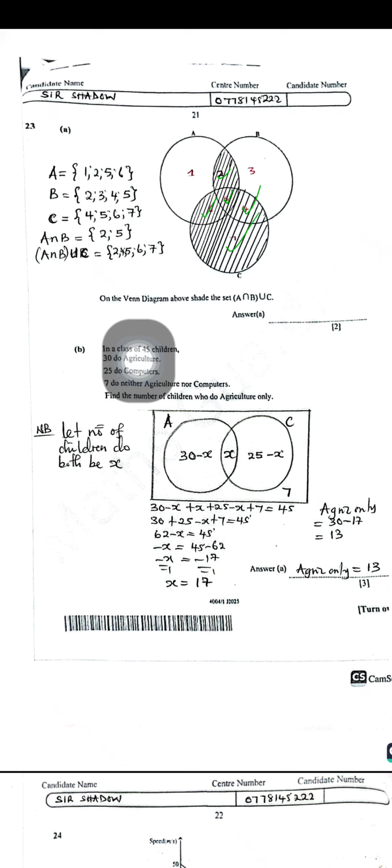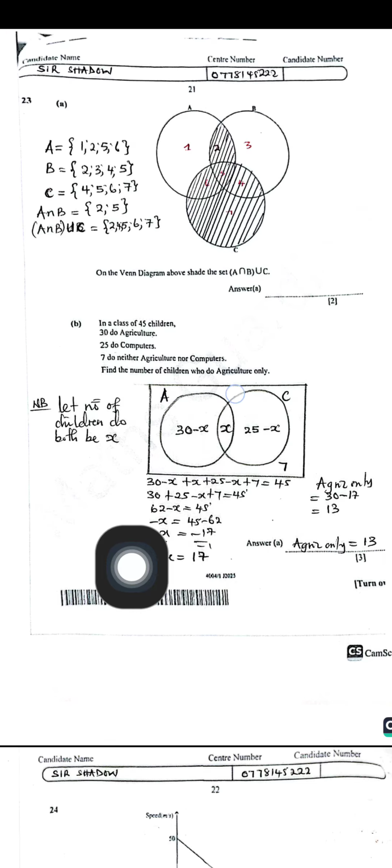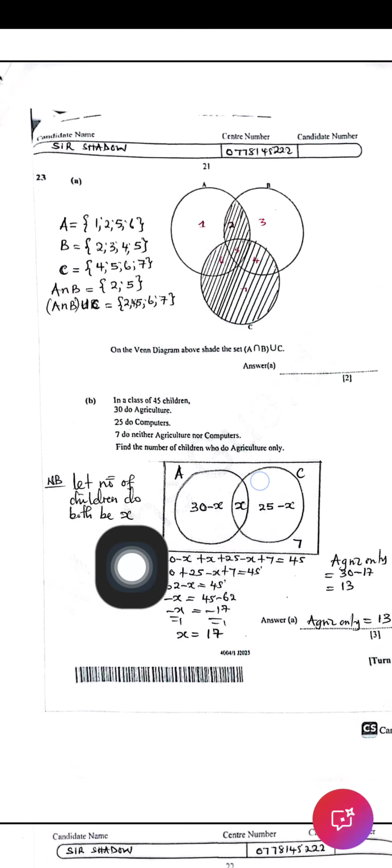So I shade combining everything where there are all these marked numbers. You just shade that boundary. This is the best way on how to shade the Venn diagram when given a certain question.